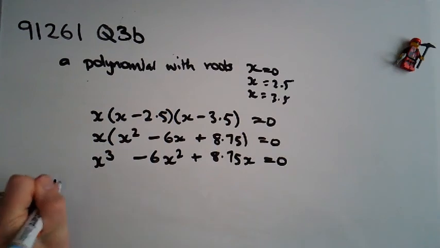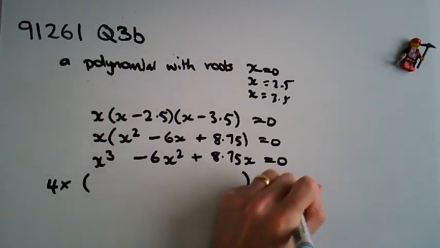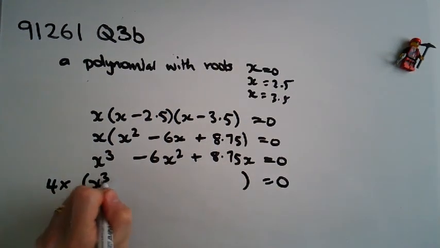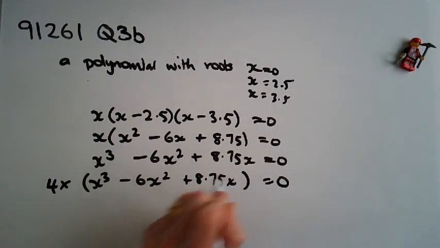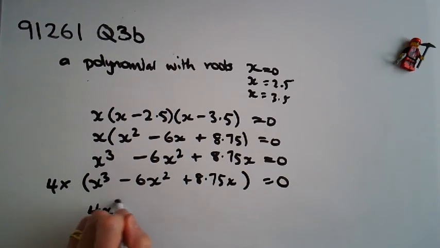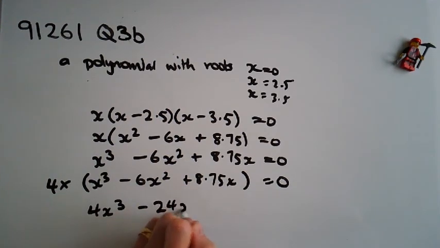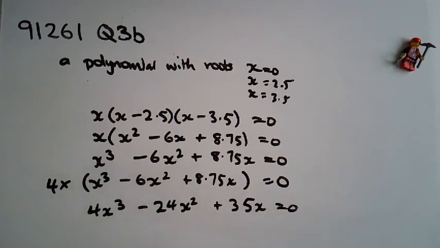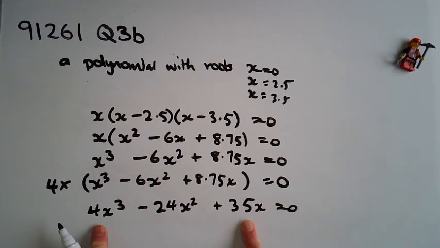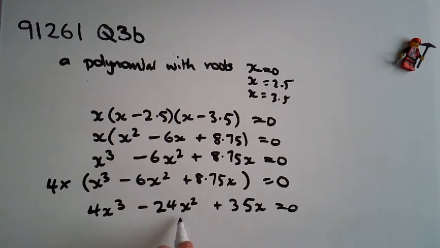So I'm going to do 4 times all of that polynomial. And that gives me 4x cubed minus 24x squared plus 35x equals 0. It's got the 4 and the 35 that we were expecting. And in the middle here, this tells us that k is minus 24.